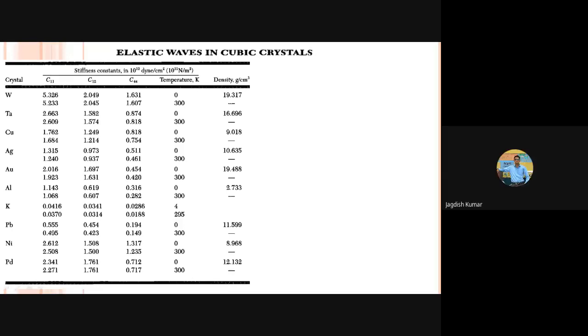Yes, that's the correct point: when the temperature increases, the bond strength will decrease. And why so? Because atomic vibrations will increase, right? Yes, sir. And then the stiffness of the bond will decrease.